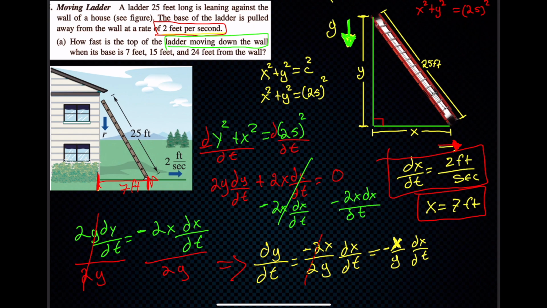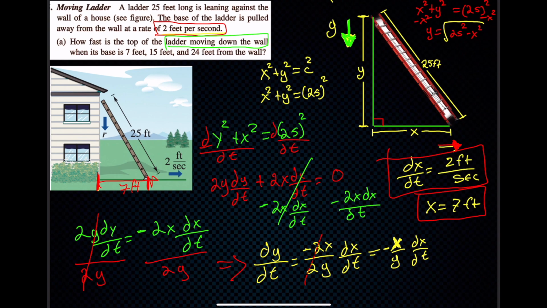So the y value will be y equal to the square root of 25 squared minus x squared. All I'm doing is moving the x squared over and taking the square root.